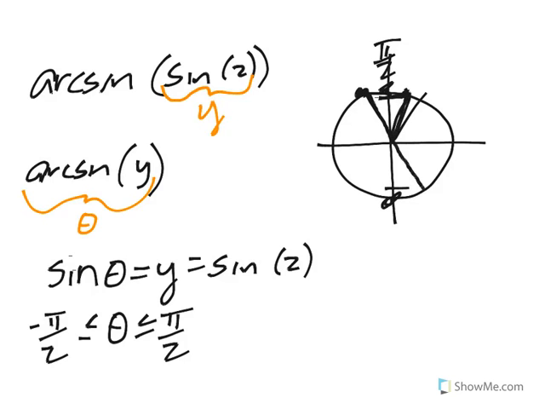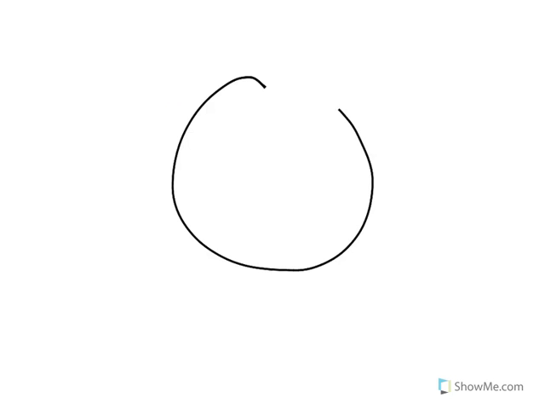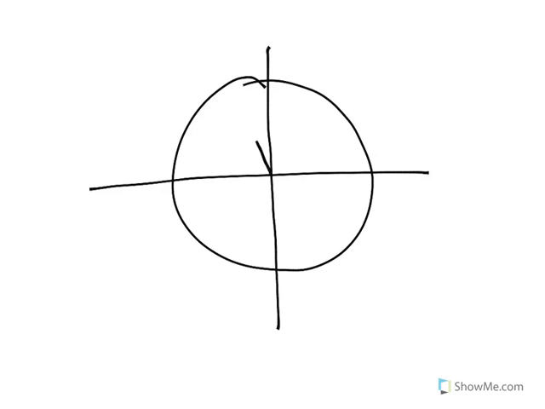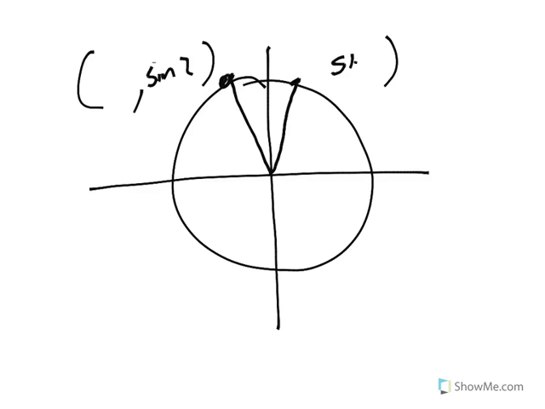I'm going to draw that bigger. So here's this unit circle. Here's 2 radians getting you to there. Here's this other spot with exactly the same y-coordinate. So the y-coordinate here is the sine of 2, but the y-coordinate here is also the sine of 2.